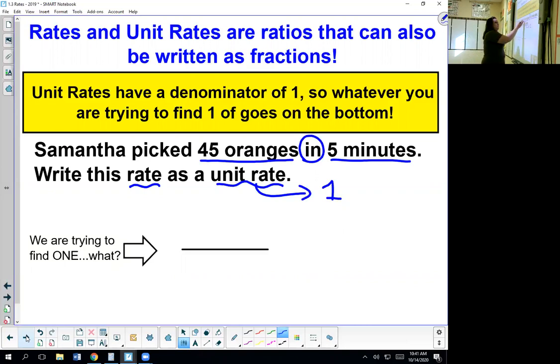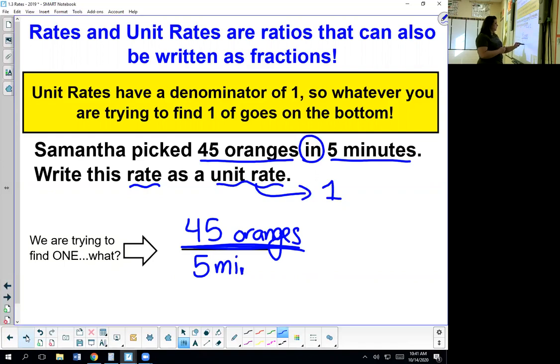It says 45 oranges, so it'd be 45, and yes, I do write out the word oranges in 5 minutes. The goal is to figure out how many oranges are in 1 minute.